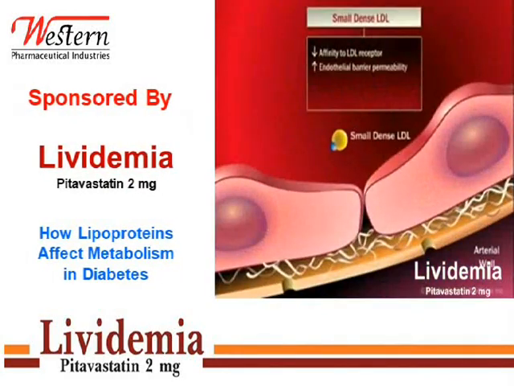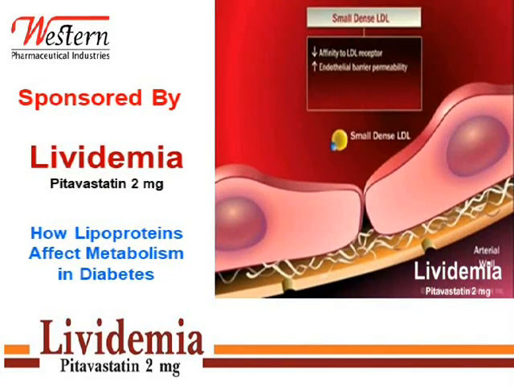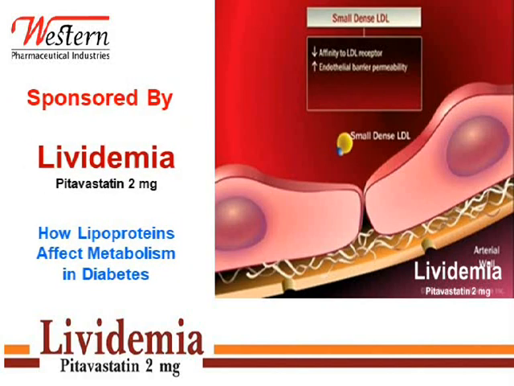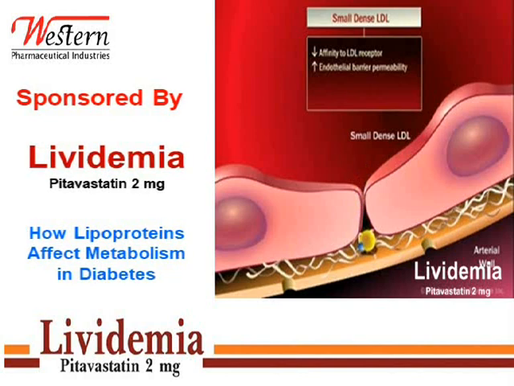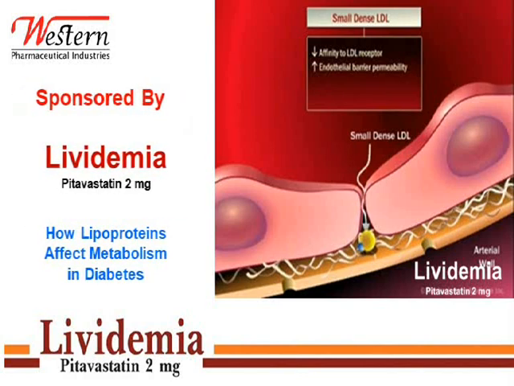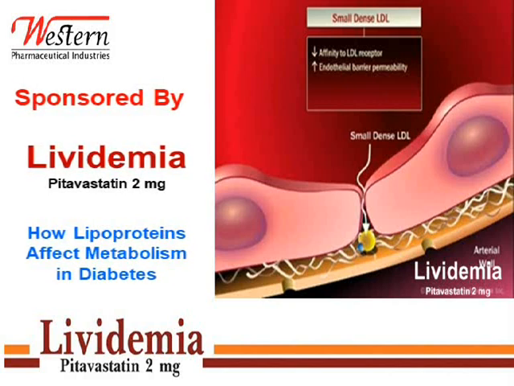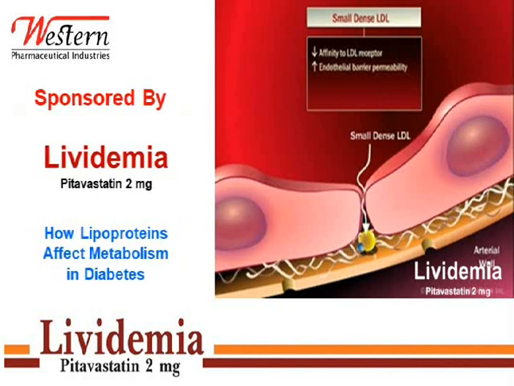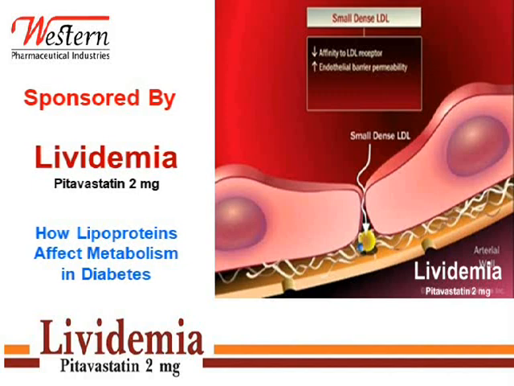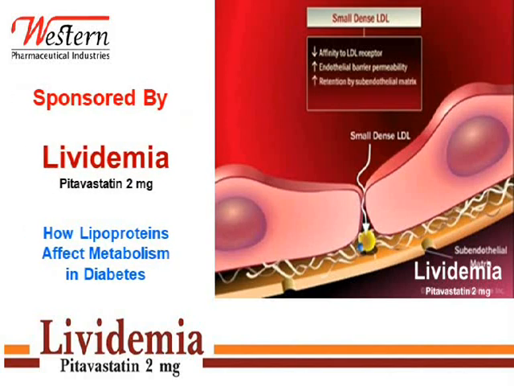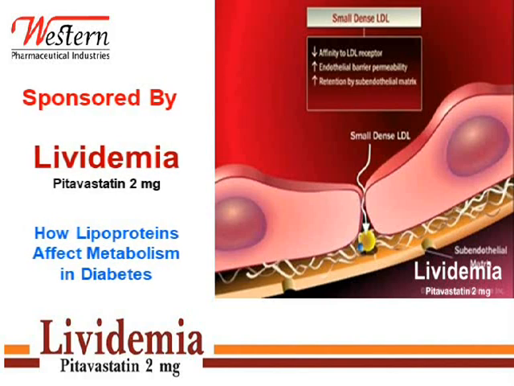Once the small dense LDL particles reach the endothelial wall of the coronary artery, they gain access through this barrier and penetrate into the subendothelial space. This is because small dense LDL particles have a higher permeability through the endothelial wall. Once in the subendothelial matrix, another key feature of cardiovascular disease progression occurs.